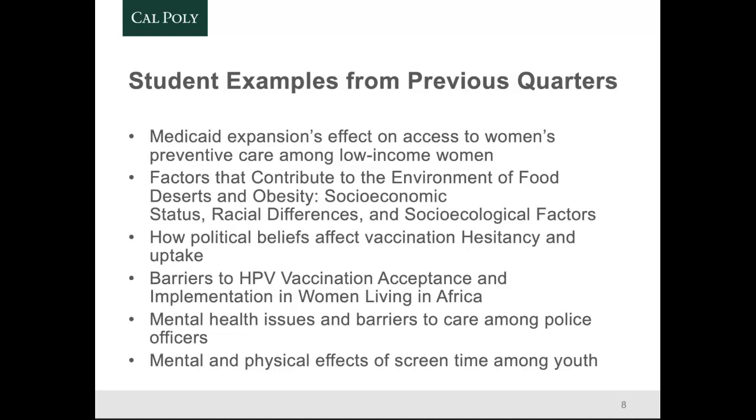Another student looked at how political beliefs affect vaccination hesitancy and uptake for a specific vaccine. Another student looked at barriers to HPV vaccination acceptance and implementation in women living in Africa. Another student looked at mental health issues and barriers to care among police officers.